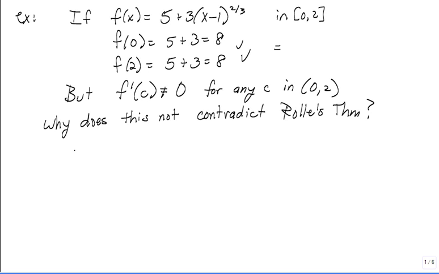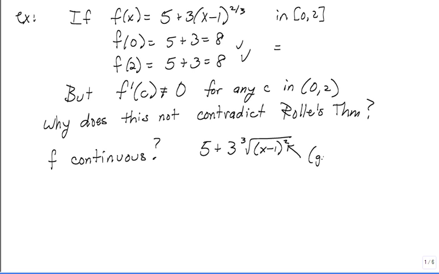Well, it doesn't, because, first off, is f continuous? Well, f is 5 plus 3 times the cubed root of x minus 1 squared. As long as you're squaring that, that's going to give us a positive, so we can always take the cubed root of a positive.